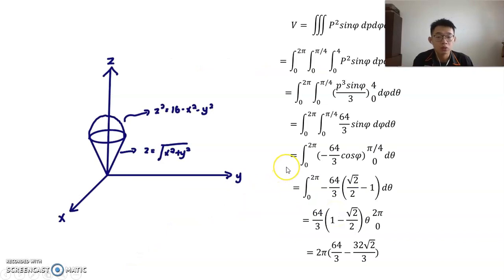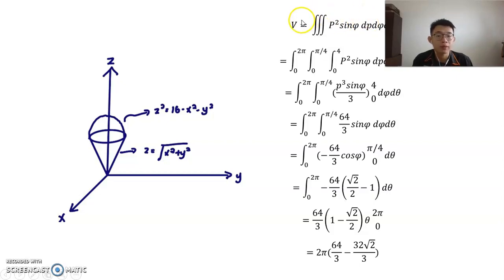Okay, next we're going to solve the volume for the solid G, since V is required to solve the centroid of solid G. So first we have to convert the formula from Cartesian coordinates into spherical coordinates.